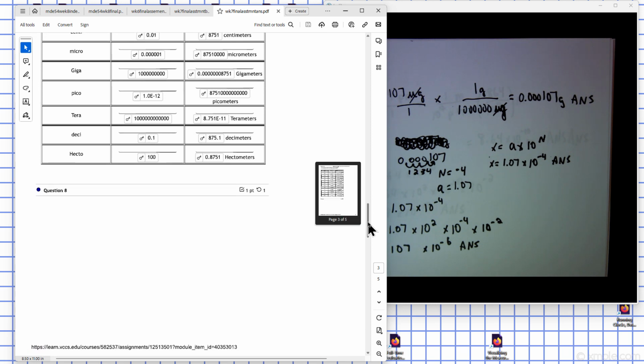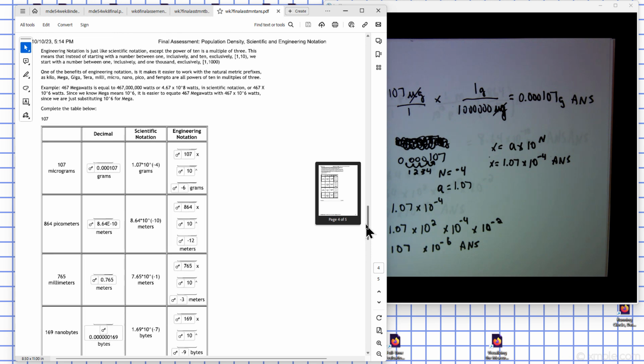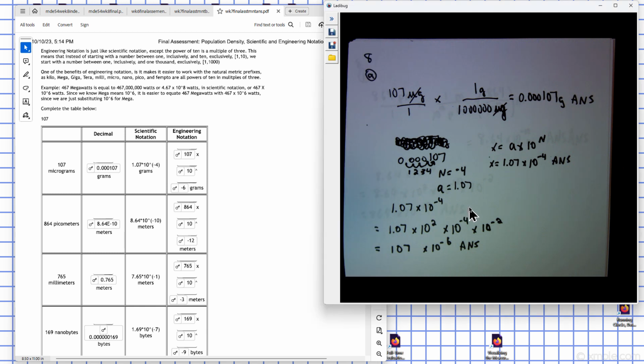This is the first one here. So you have the decimal form. They want you to find scientific notation. Then they want you to find engineering notation.